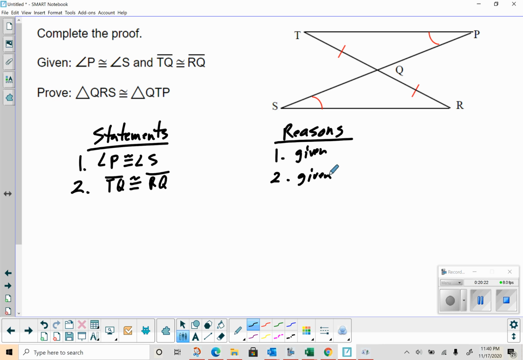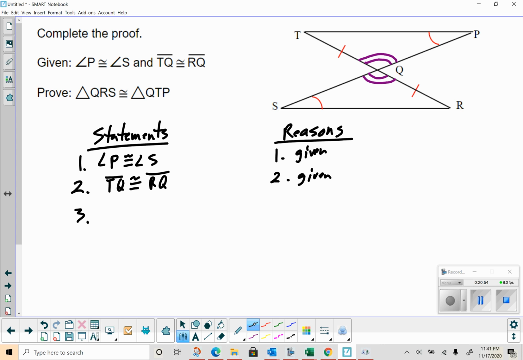So with the given, we've got two pairs of corresponding parts that are congruent. We need a third somewhere that we need to find on our own. And hopefully you did already notice, because of the interesting arrangement of those two triangles, yes, all the way back in chapter 1, vertical angles are still congruent.